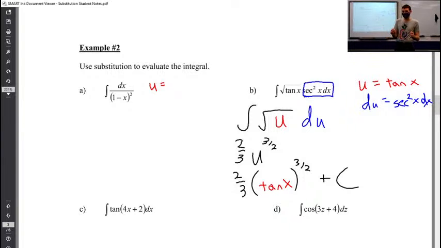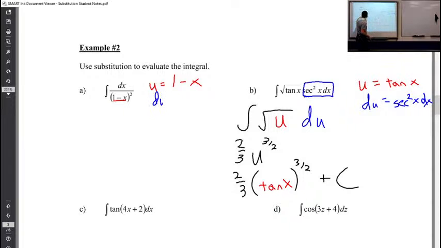So that function that's stuck inside of another function is what we should make u. And that is my 1 minus x, because it's inside being squared. So u is 1 minus x.